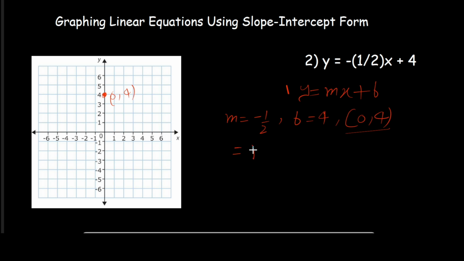Remember that the slope is rise over run, which means we have to rise 1 unit, which is negative. So we go down 1 unit from this point, and the run is 2 units. That means we move 2 units from this point to the right side.